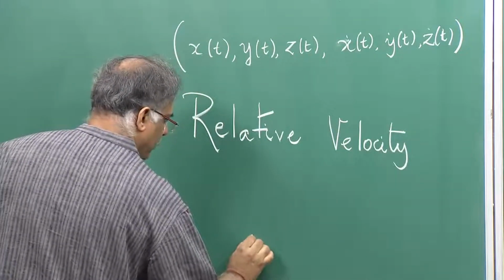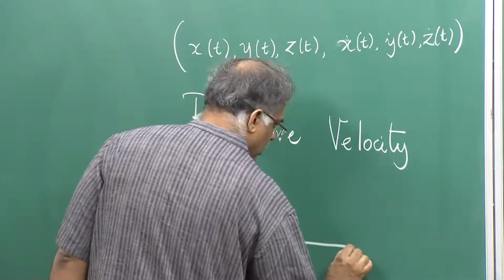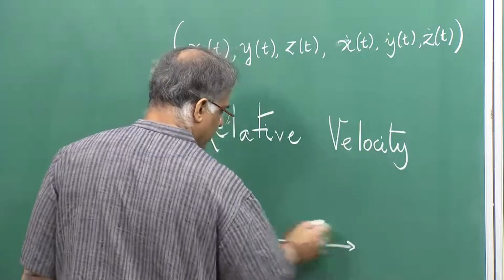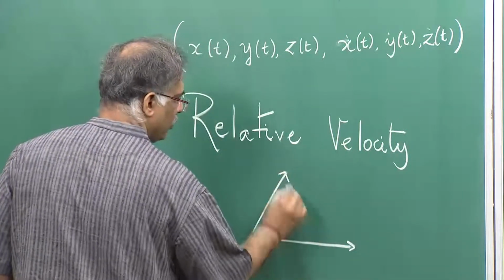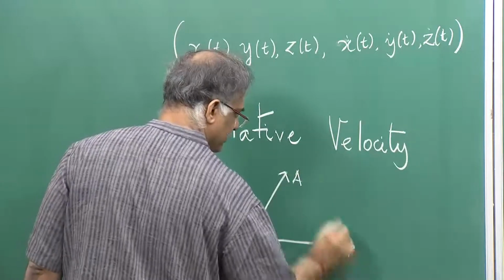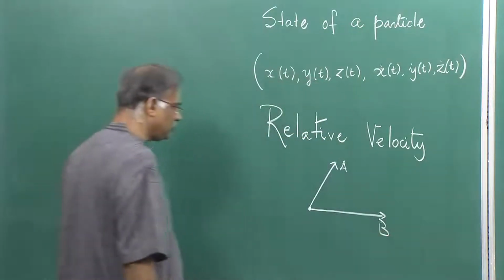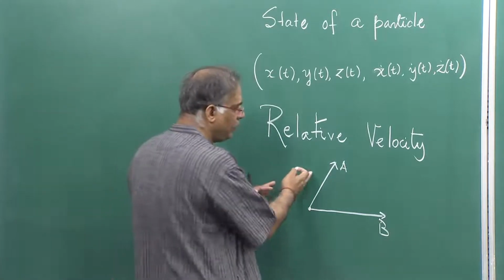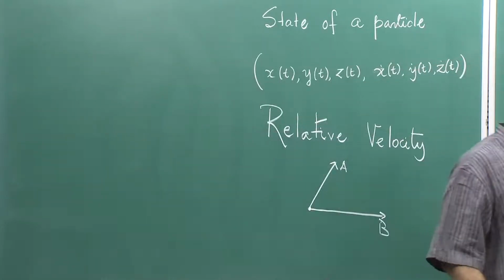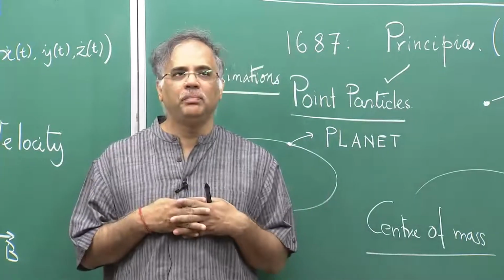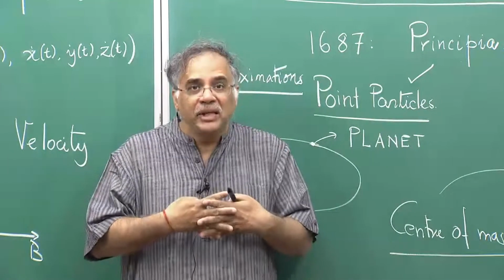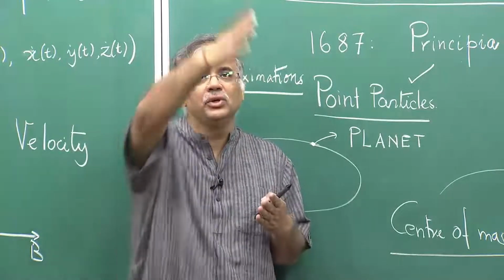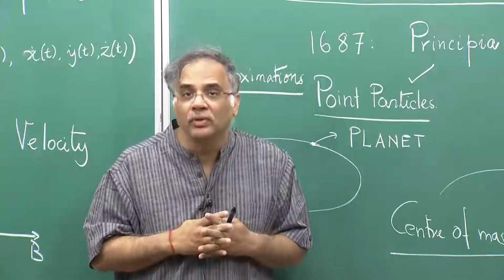So, if this is a ship moving in this direction, and there is another ship moving in this direction, what is the relative velocity of A with respect to B? What does it mean? I am now on the ship B, and if I think that my ship B is at rest, what velocity and in which direction do I see the ship A moving?